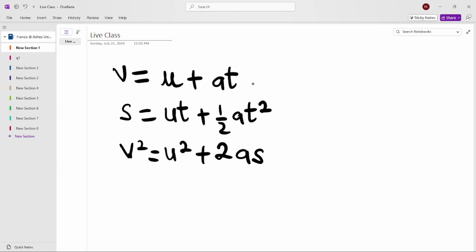So these are the equations of motion. This is equation 1, equation 2, and then equation 3.